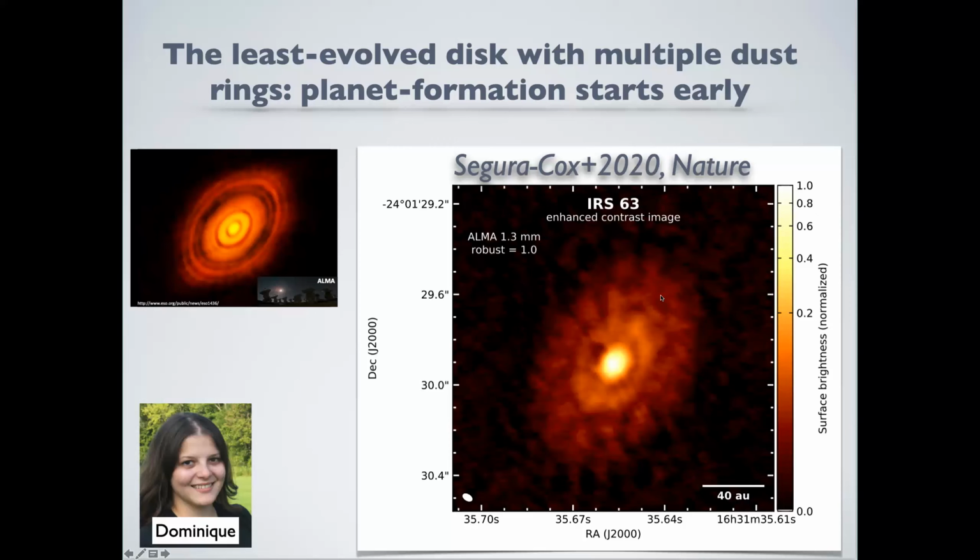So the message of this paper is that these rings that most likely are telling us about the formation of planets are really too regular to tell us about something else. It's probably due to some process that in some sense promotes the formation of the planet. So planet formation must start quite early.